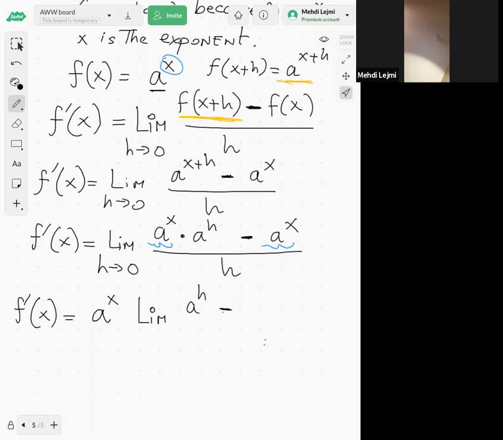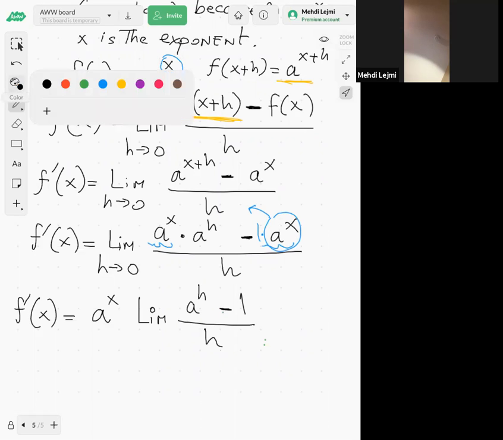If you pull out this a to the x, you are left with 1 times a to the x, so it's minus 1. Again, guys, all I did here was factor out this a to the x. I just pulled out the a to the x.